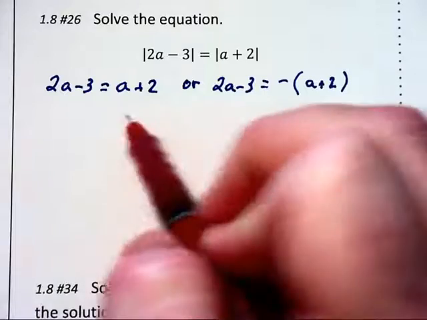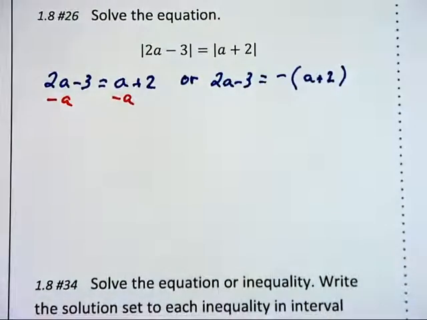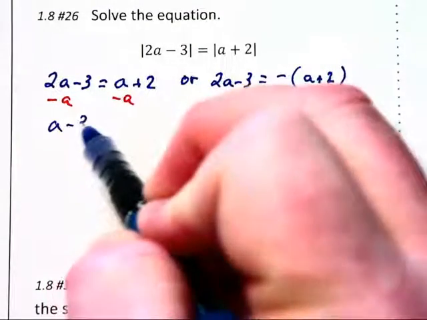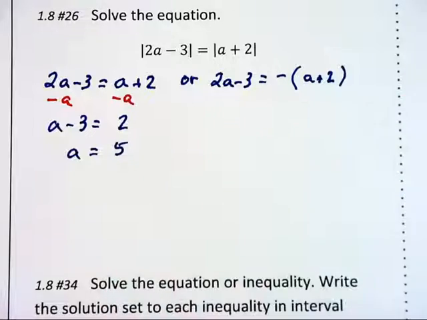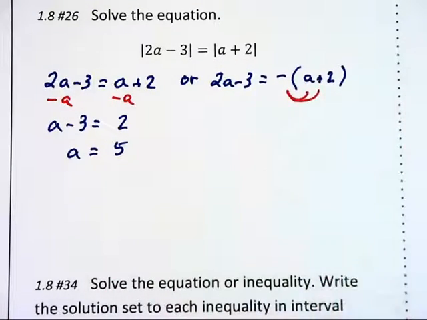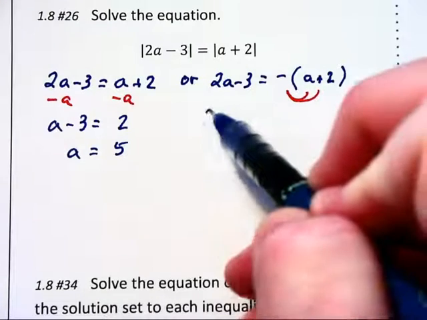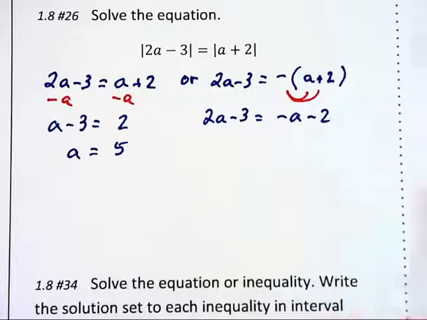In the first case, we are going to subtract a on each side. This will give us a minus 3 is equal to 2, meaning a is equal to 5. And on the second equation, we'll begin by distributing the negative. We will have 2a minus 3 equals negative a minus 2.